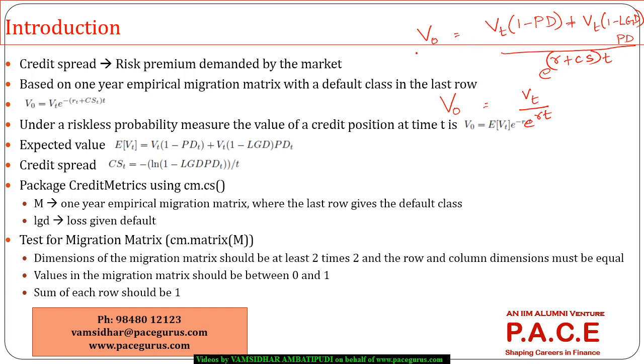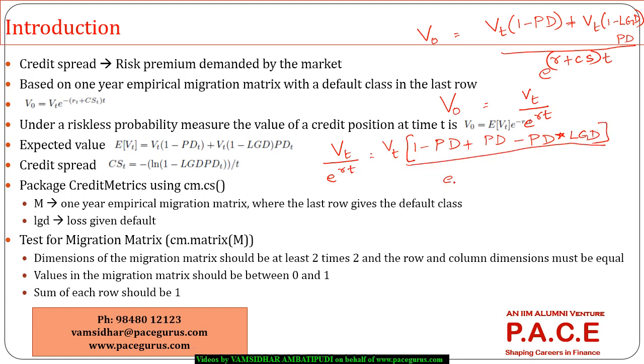Because both of them are V naught, both of them should be equal. Based on that, I can very well compute my CS. So let's try solving it. Vt by e to the power of rT is equal to, let me expand it, Vt times 1 minus PD plus 1 minus LGD into PD, which is PD minus PD times LGD. This is the numerator.